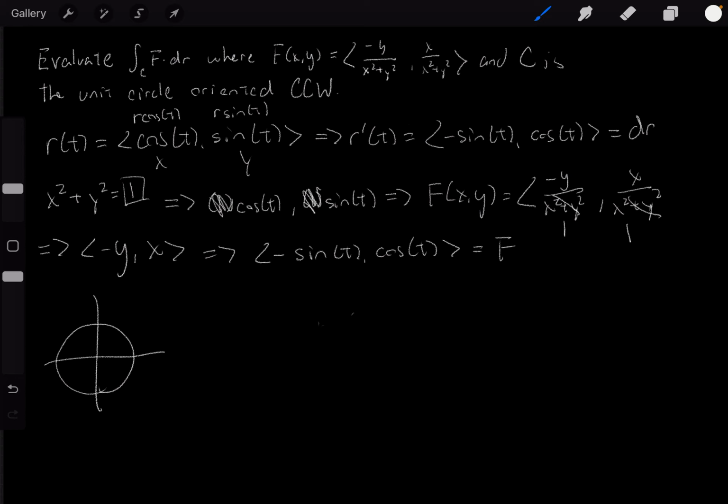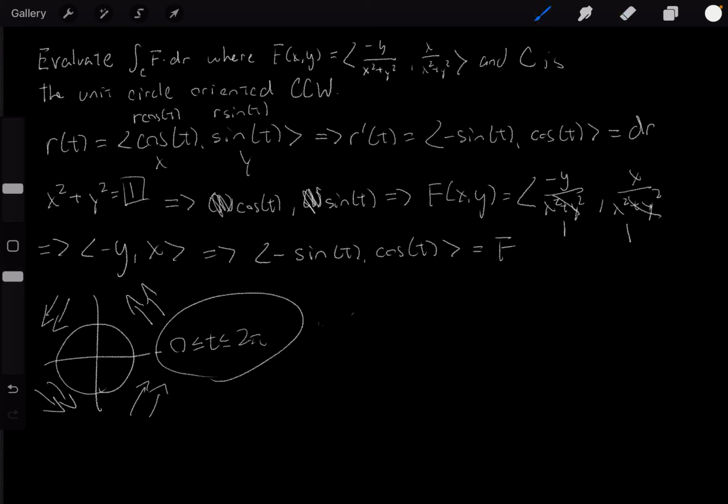The way we calculate it is we go counterclockwise, not clockwise: 0, pi over 2, pi, 3 pi over 2, 2 pi. As it moves counterclockwise, it ranges from 0 all the way to 2 pi after one full rotation. So those are the bounds we're going to use for the integral.